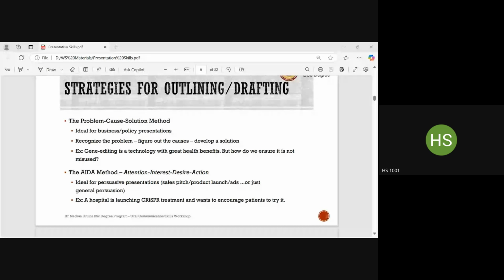You don't know. In any of these cases, where you are required to recognize the problem, where you are required to identify the causes, and where you need to arrive at a solution, you can use the problem, cause, solution method.